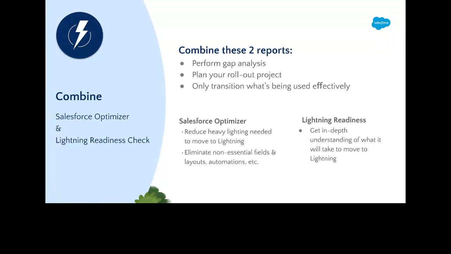Plan your rollout project. Create a project, I mean, time that's devoted to decluttering your org. Plan your rollout project and team, and make sure that your plan works with respect to your business use cases, because your business should not be affected by all of these tasks or this mini project that you are doing under your company.